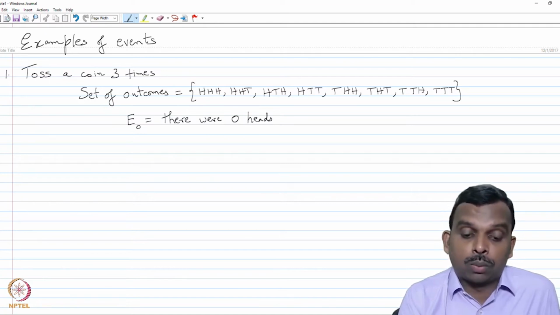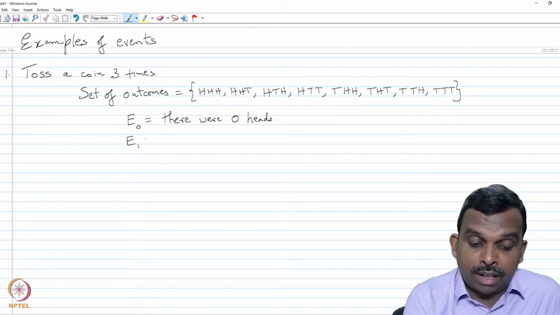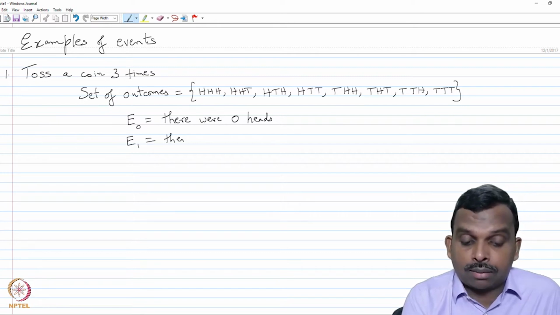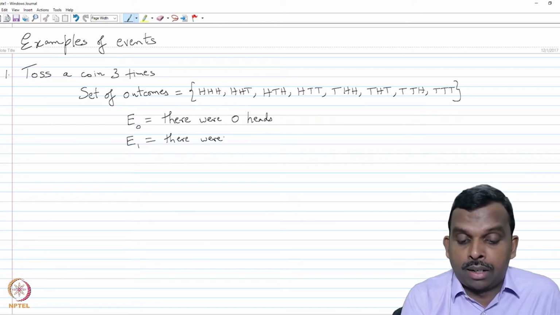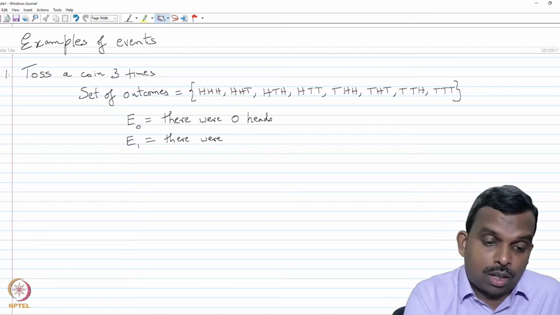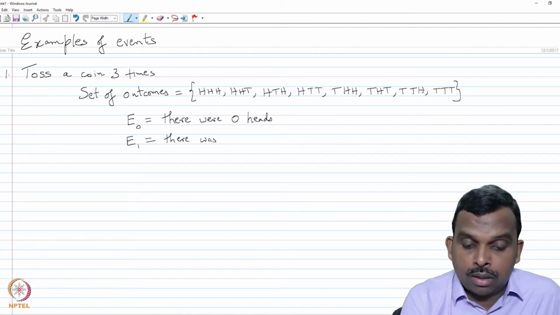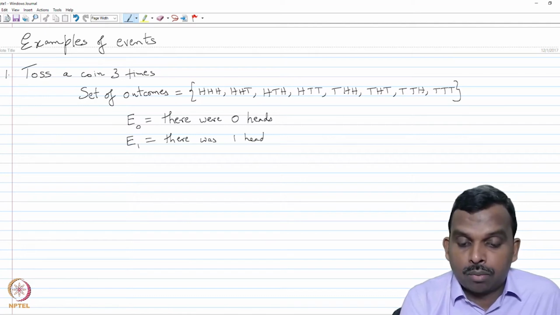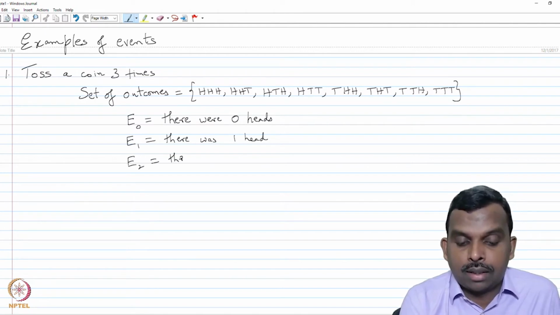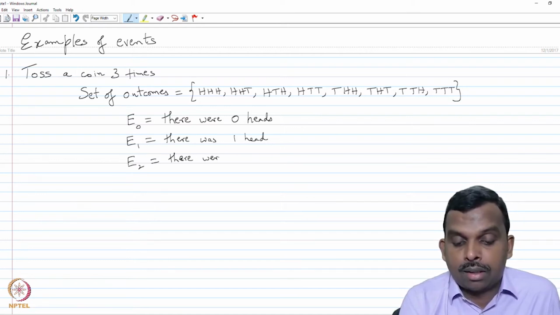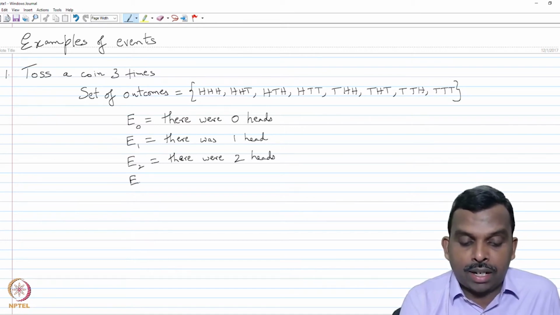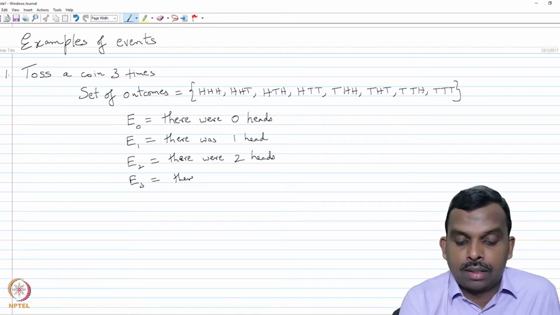Similarly, I'll define an event E1, which is there was 1 head. Then I'll define an event E2, which is there were 2 heads. And finally, I'll define an event E3, which is there were 3 heads.